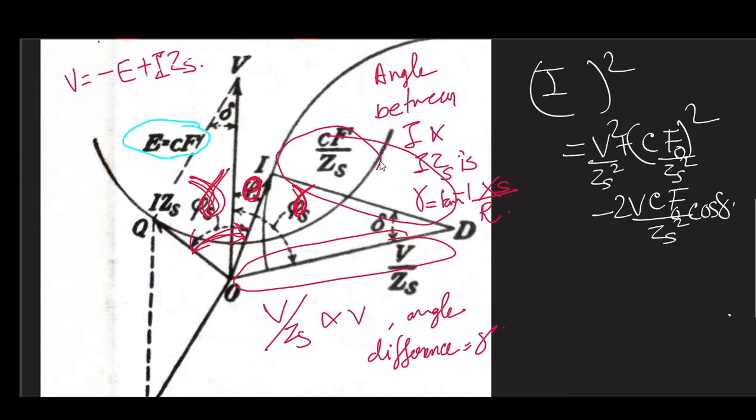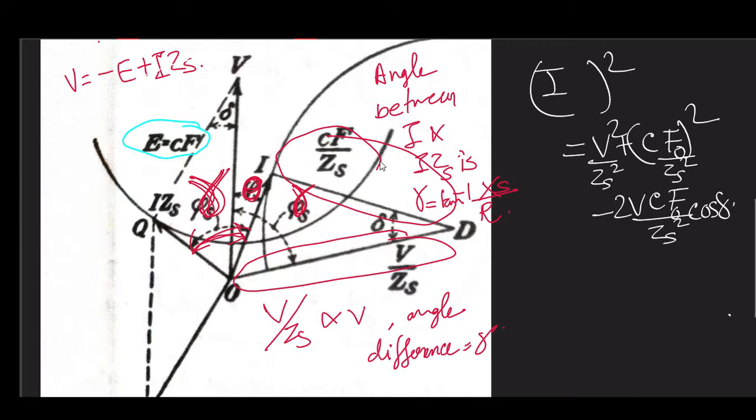And see the beauty: if you make delta equal to 0, then V by Zs and Cf by Zs will become collinear, and it is quite the case because your I should be 0, because you are not actually delivering any mechanical power. We have already proved that if we neglect the armature drop, then power is proportional to sine delta, P equals 3VE by X sine delta.